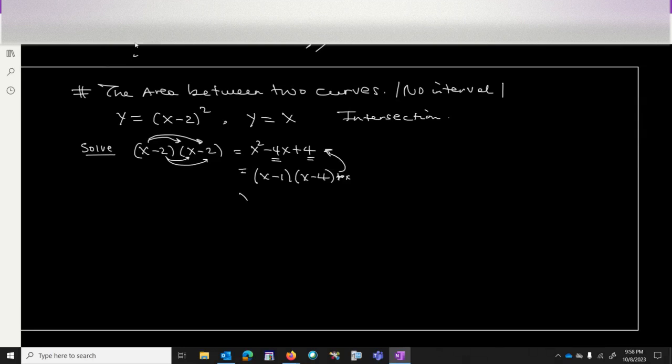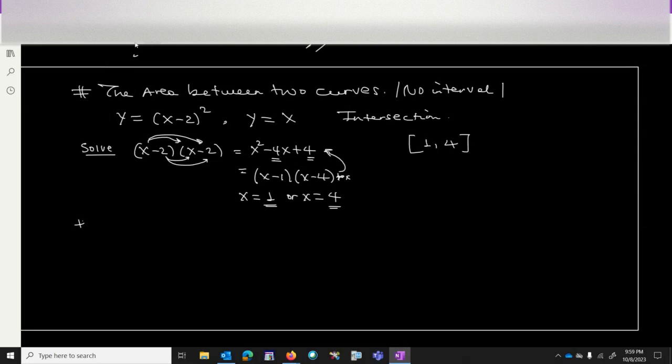So x is equal to 1 or x is equal to 4. According to this solution, the interval is known now, from 1 to 4. So when I calculate my area between the two curves, I have to use these intervals.